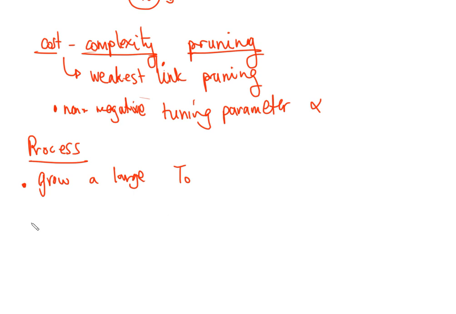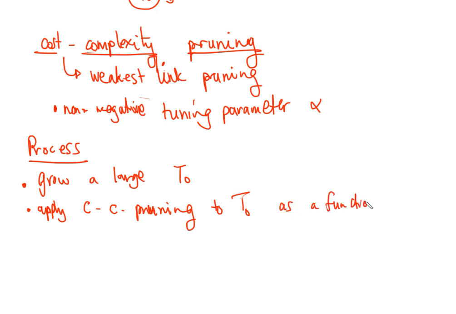So we grow that large tree, and then we apply cost complexity pruning to the large tree, T naught, in order to obtain a sequence of best subtrees as a function of alpha.